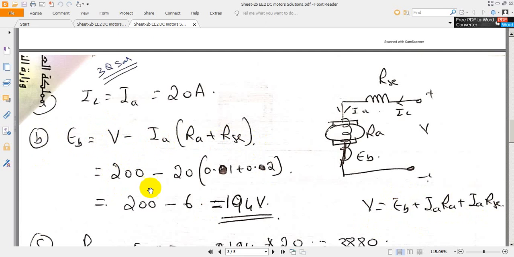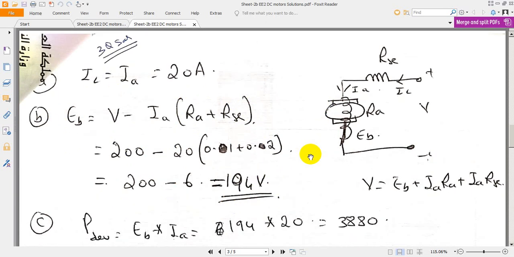Substitute the value of V, 200, the armature current, the armature resistance, and the series field resistance. You will get 194. Again here you can observe that Eb is less than the terminal voltage. This you will find in all the motors.